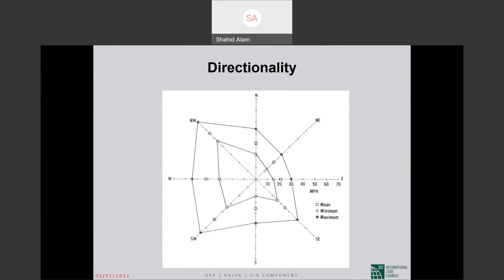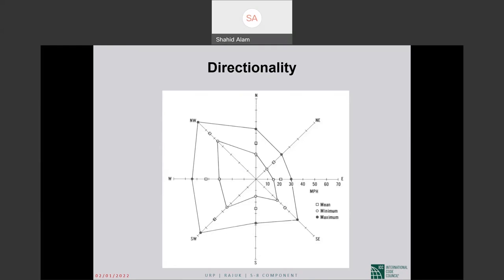Now, when we are designing a building, we are not probably going to design for the northwest wind because, as I mentioned yesterday, wind direction, like velocity, changes from one instant to the next.